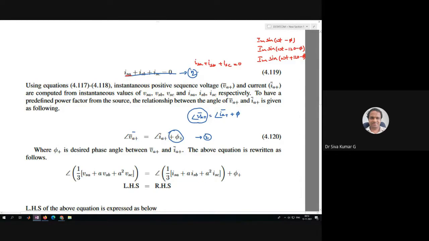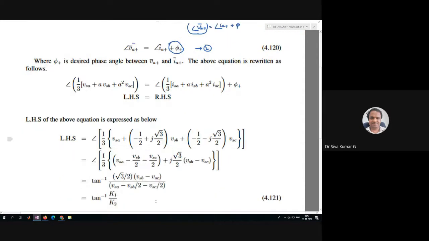Now, we are deriving the expression for the angle further, after substituting the a value. a is 1 at an angle of 120 degrees, and a square is 1 at an angle of 240 degrees.